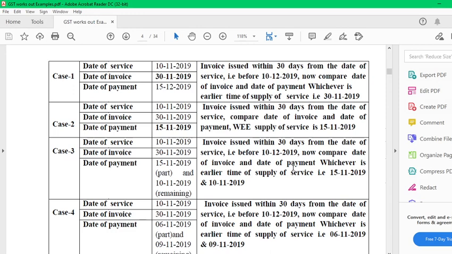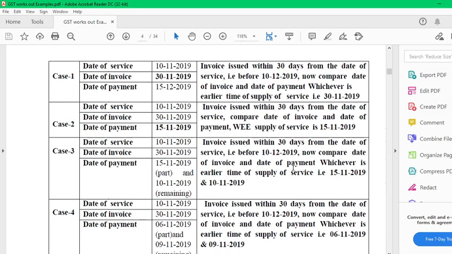Hence, now we have to take into account the date of invoice, 30/11/2019, because the invoice was issued within 30 days. Then you compare with the payment. There are two part payments. Date of invoice and date of payment, we compare whichever is earlier for the time of supply.